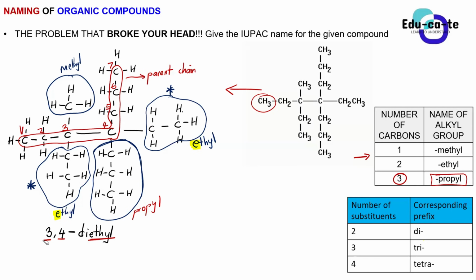When you have two or more substituents of the same type, you must have a corresponding prefix that tells us how many there are. In this case, there are two ethyl groups. And then what else?